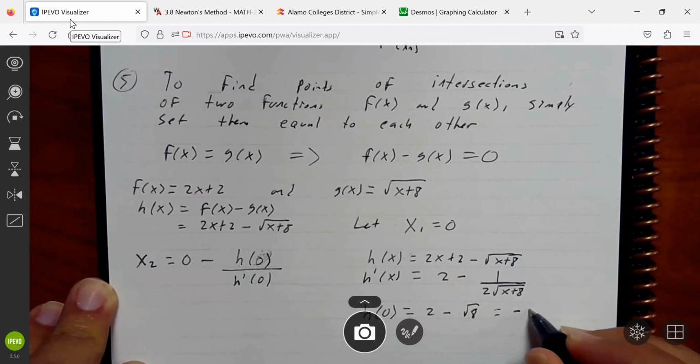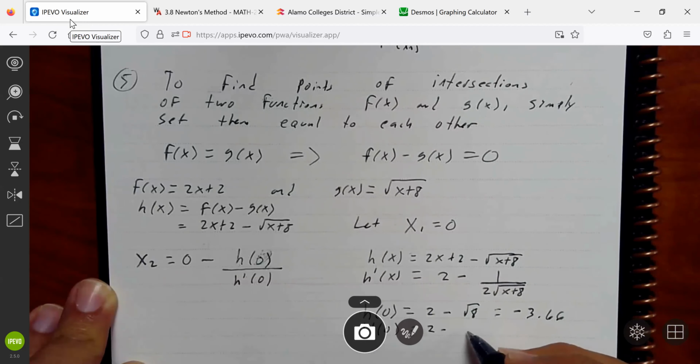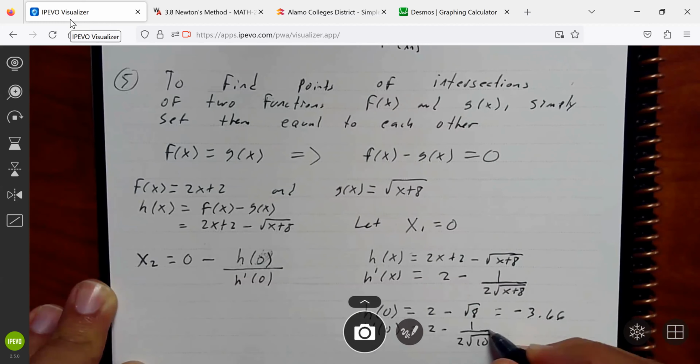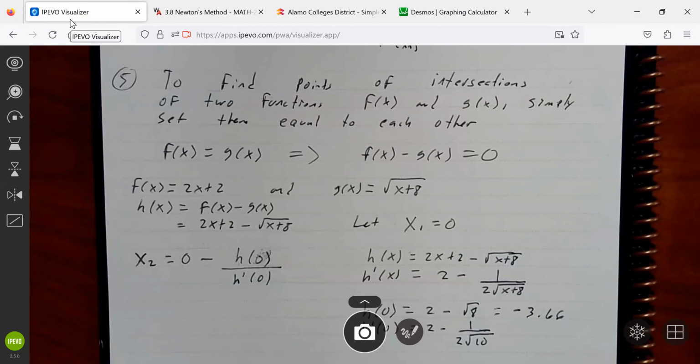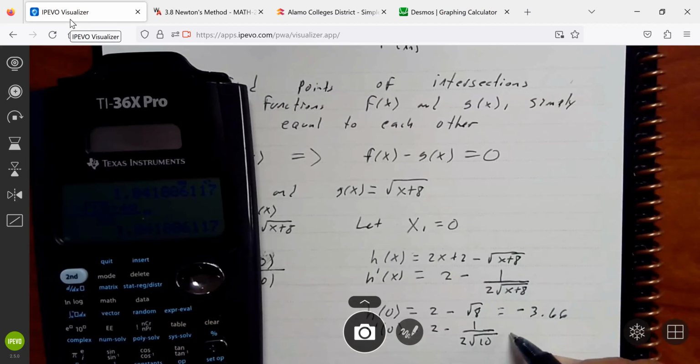So that'll be negative 3.66. The derivative at 0 will be 2 minus 1 over 2 square root of 10. So this is 1.84.